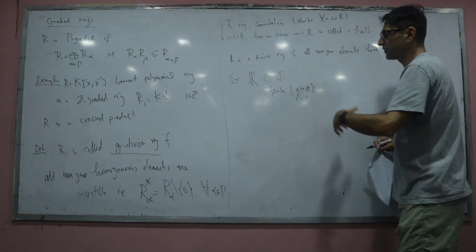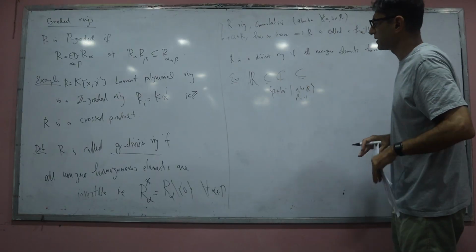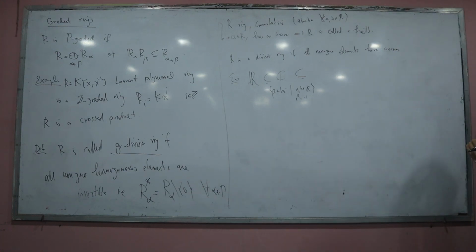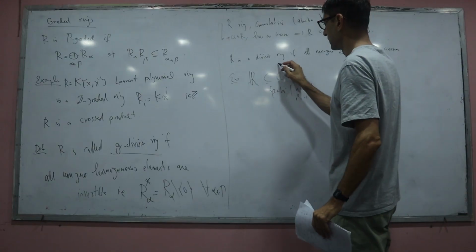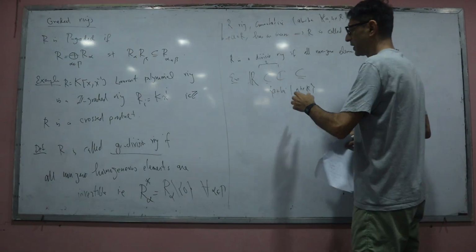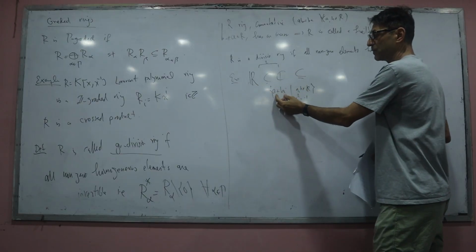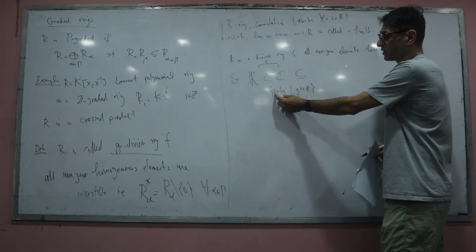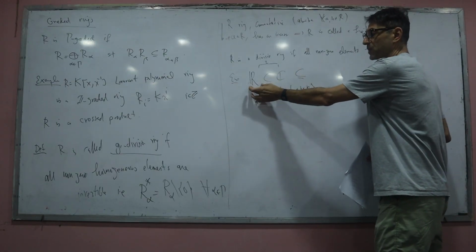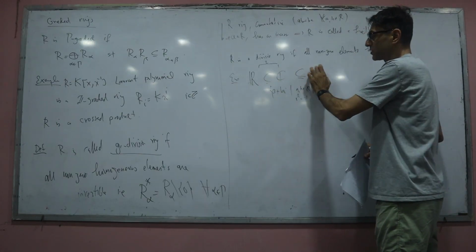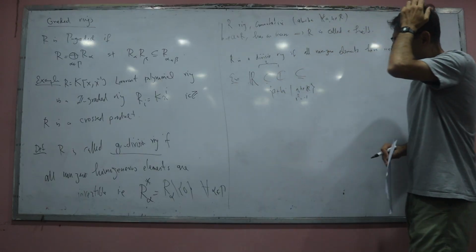But there's a very interesting story. Somebody called Hamilton in Ireland tried to come up with the next one, because this has dimension 2. You see that this is a vector space over R of dimension 2. So Hamilton for a long time tried to get the next one, which has dimension 3. He wanted to construct a field which has dimension 3 over R.